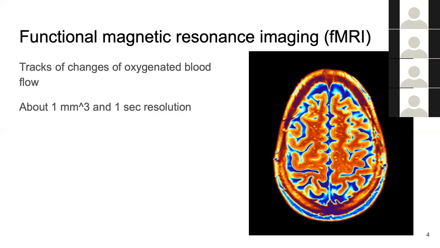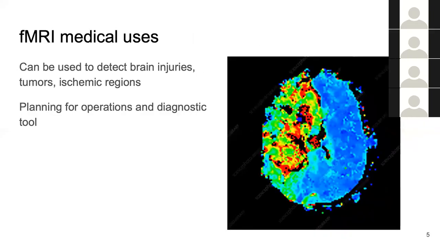And it turns out that functional magnetic resonance imaging is used for a lot of things. There are a lot of medical uses for this type of technique, because while you might not always be interested in the excitability of the brain, it can still be used to detect brain injuries, tumors, ischemic regions.